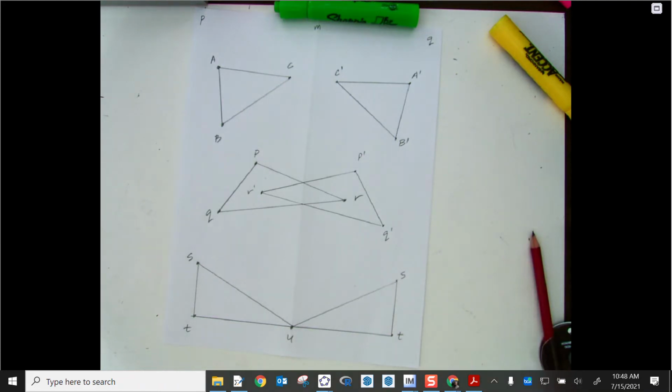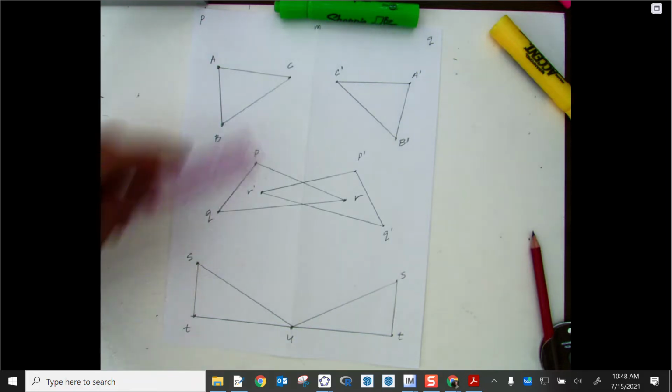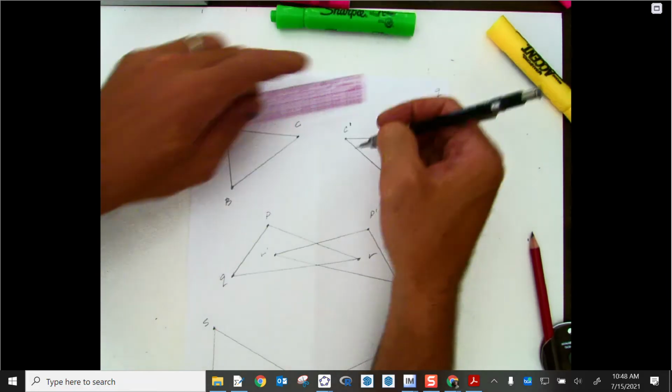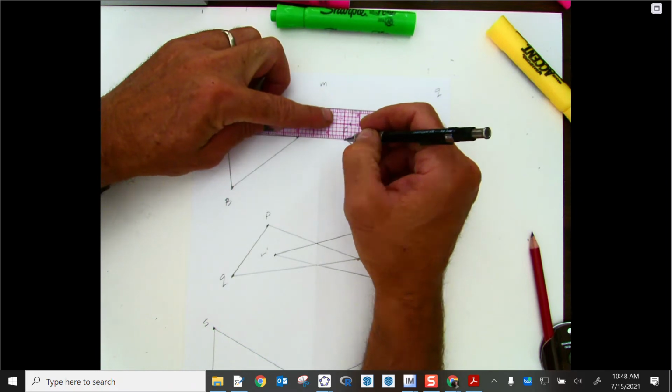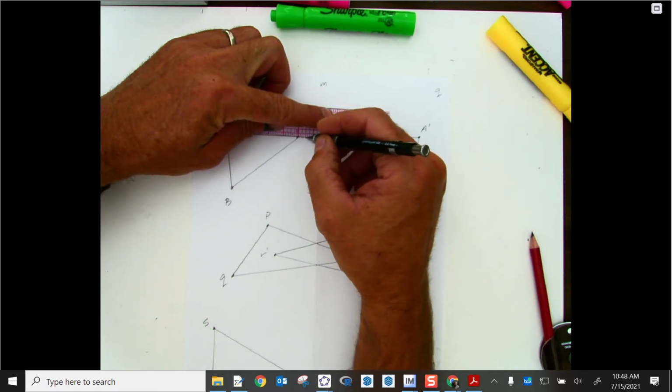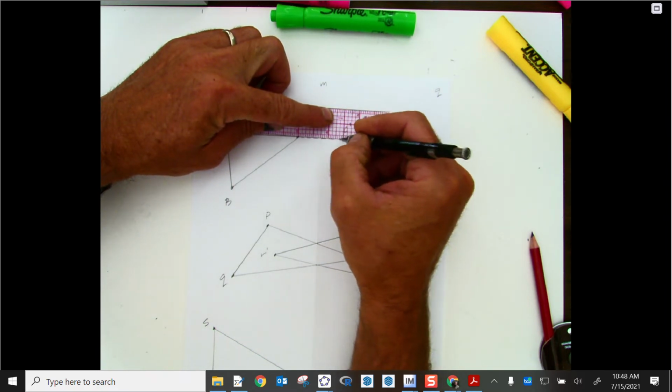I guess that gives you a good sense of how reflection works in 3 different cases anyways. And the next thing you're asked to do in the previous slide is to connect corresponding points up by lines. And so that means to connect C to C prime, sort of a dotted line here.